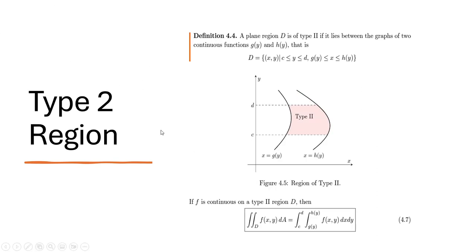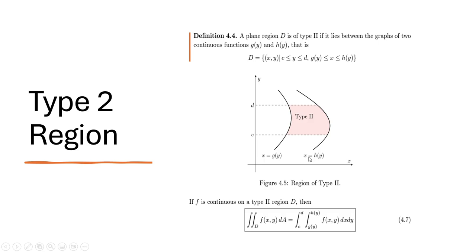For type 2 regions, the definition says a plane region D is of type 2 if it lies between the graphs of two continuous functions g of y and h of y. It means the region is enclosed by the curves that can be represented as functions of y.